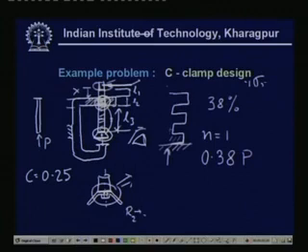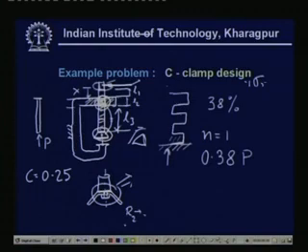Then we calculate the stresses and find out whether it is safe or not, and this is a very conservative design.